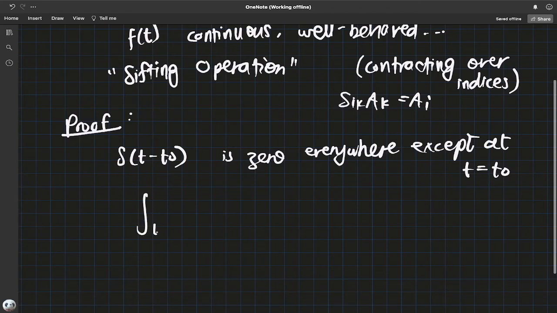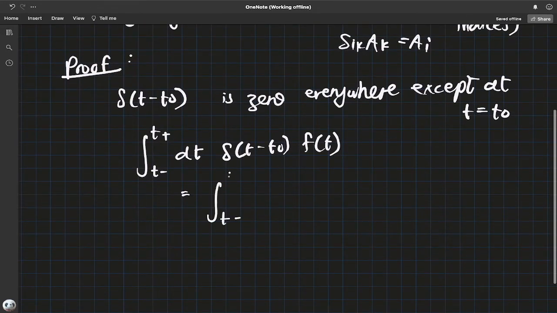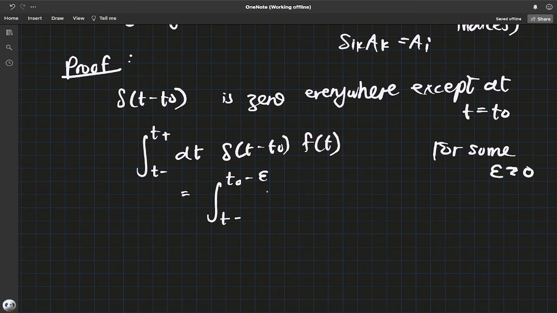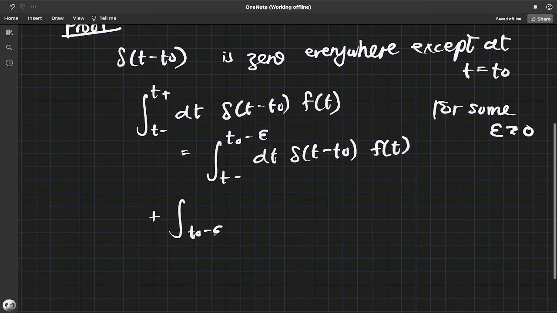So since it's 0 everywhere, we can break down our integral from, say, t minus to some point that's off from t naught by some arbitrarily small value epsilon, for some epsilon greater than 0, plus the integral from t naught minus epsilon to t naught plus epsilon of dt delta(t minus t naught) f of t, plus the integral from t naught plus epsilon to t plus of dt delta(t minus t naught) f of t.